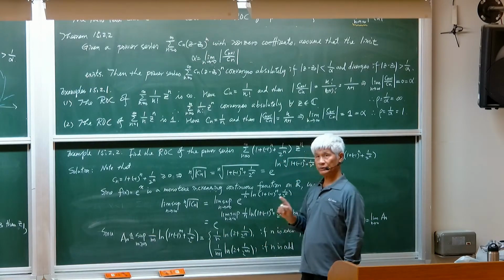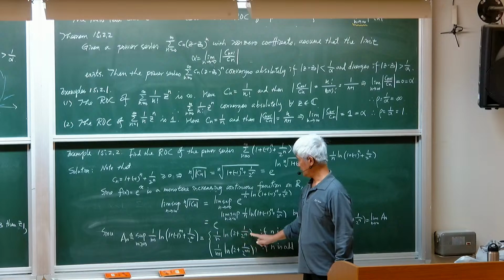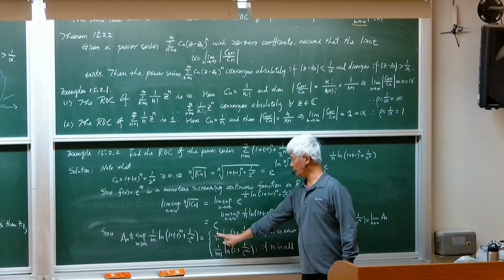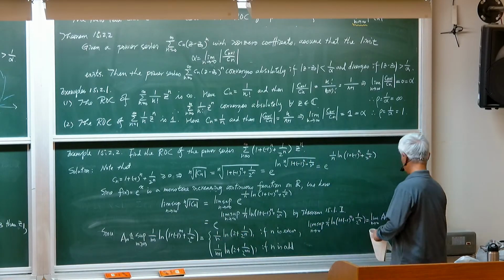If n goes to infinity, this log 2 and 1 over n, so this goes to 0 here.